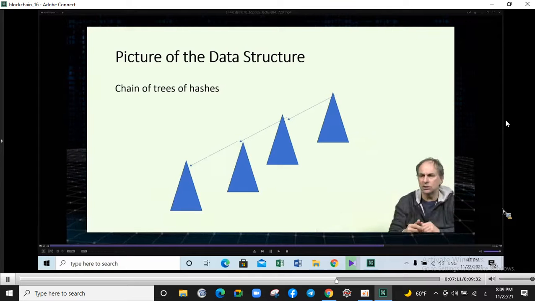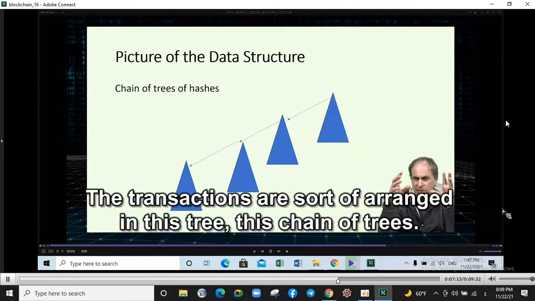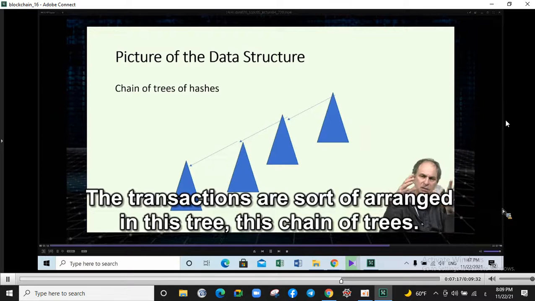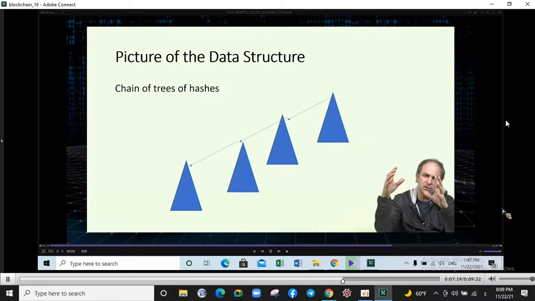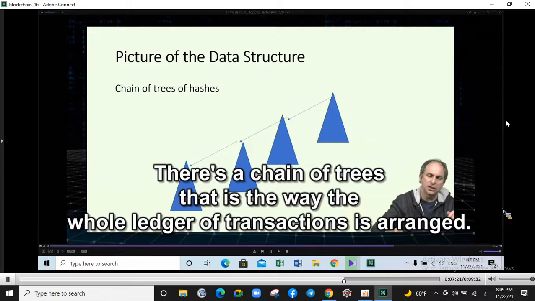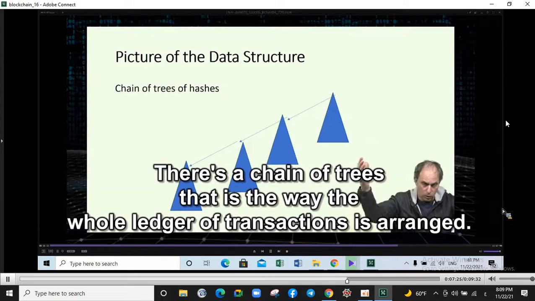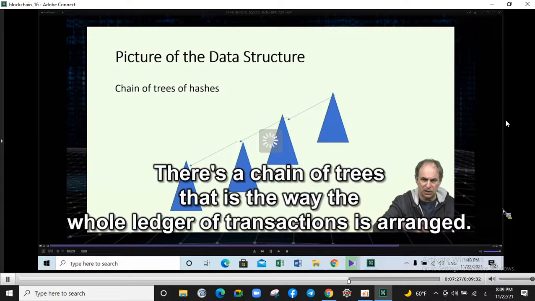So the transactions are arranged in this chain of trees. That is the way the whole ledger of transactions is arranged.